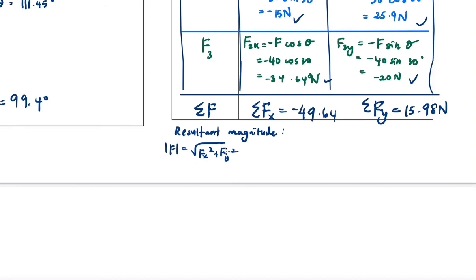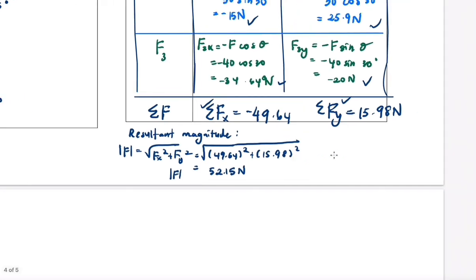Kita masukkan sahaja nilai kita, square root 49.64 squared tambah dengan 15.98 squared. Then we get the magnitude of the resultant vector is 52.15 Newton. Ingat, resultant magnitude maksudnya vektor kita punya magnitude, nilai untuk vektor kita.